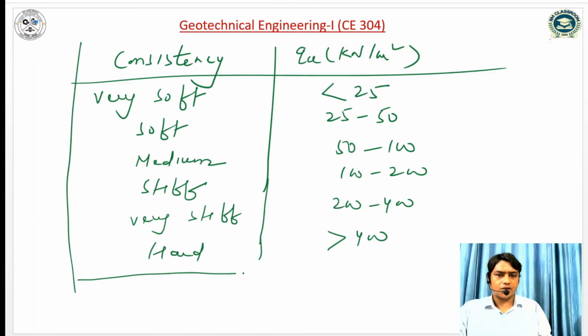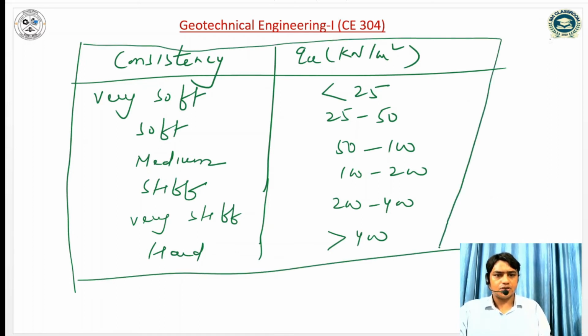So with the help of the unconfined compressive strength, we can correlate the consistency of the soil. Also, the undrained cohesion is half of the unconfined compressive strength.